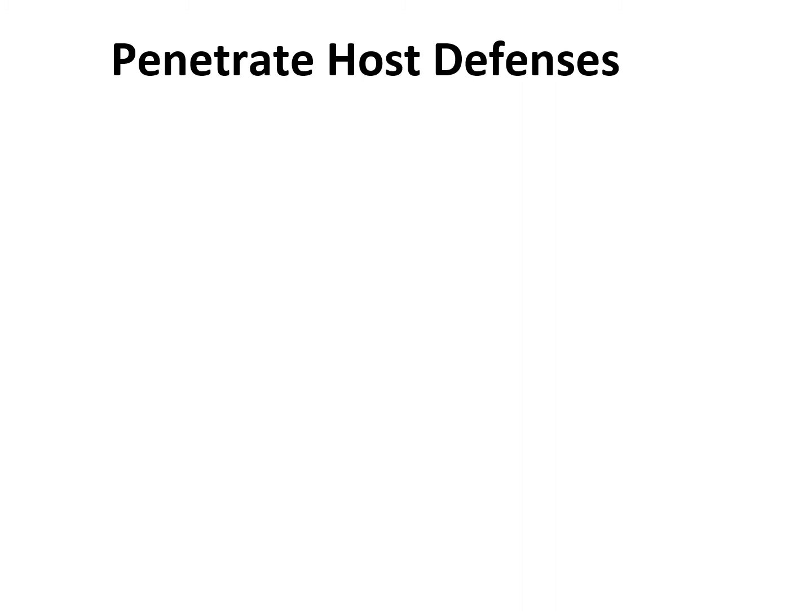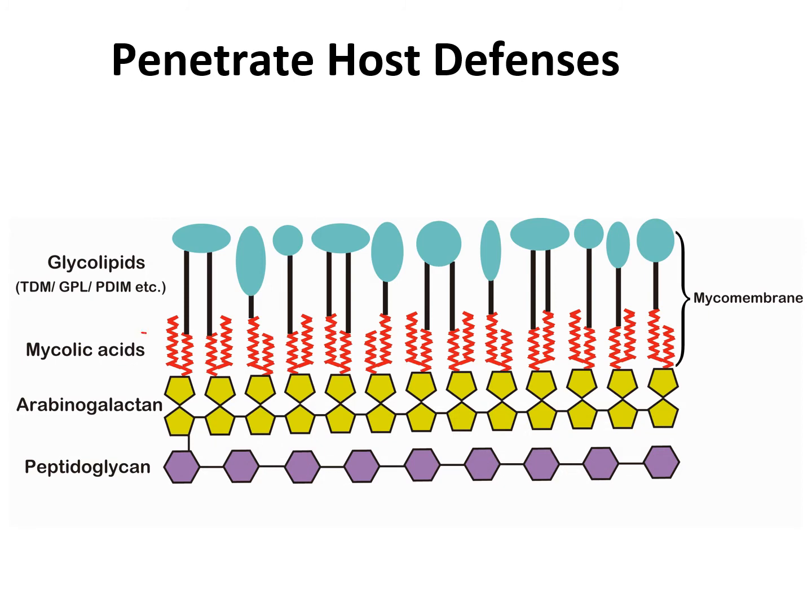Another component that you can find in certain cell walls are waxes or mycolic acid. Mycolic acid is only found in the Mycobacterium: Mycobacterium leprae, Mycobacterium tuberculosis.